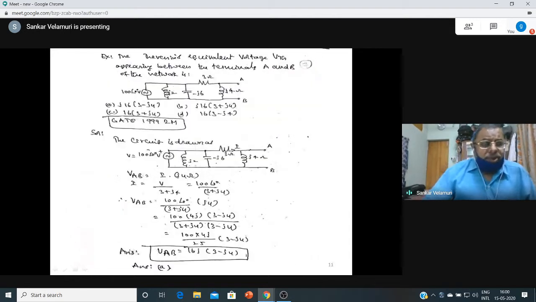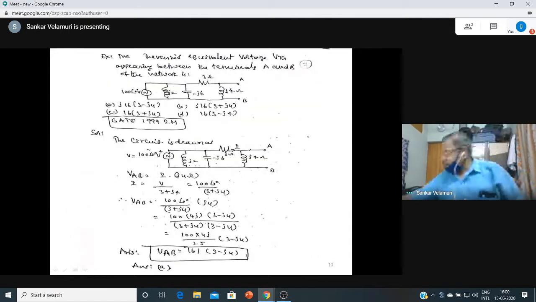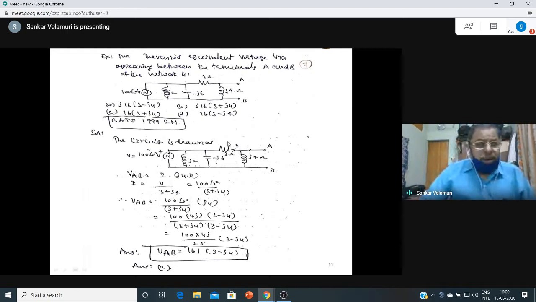So this is one of the examples which I would like to solve. I have taken a critical example which is given in the GATE examination, because I tried to solve a good number of examples with each of these things.